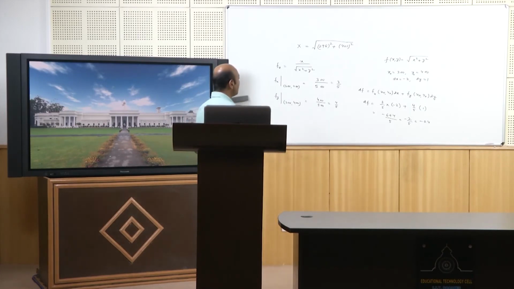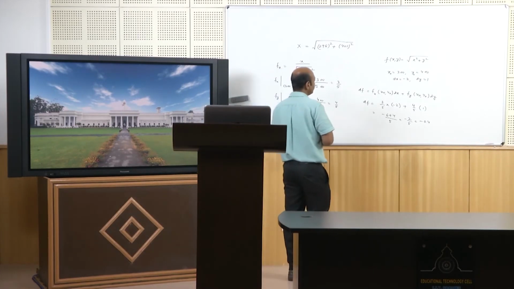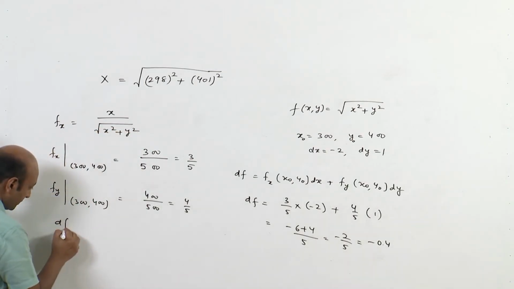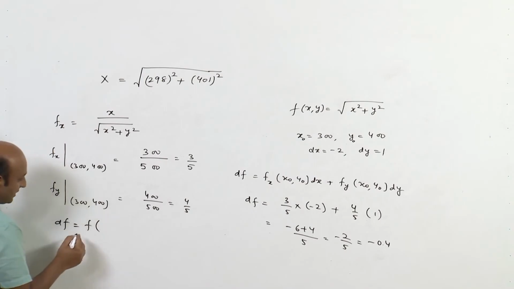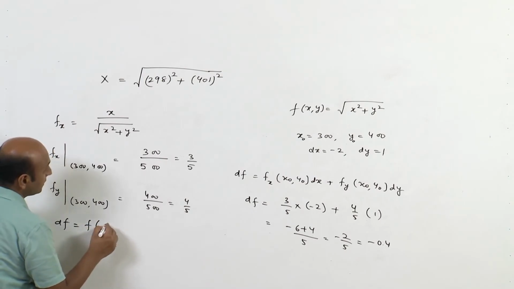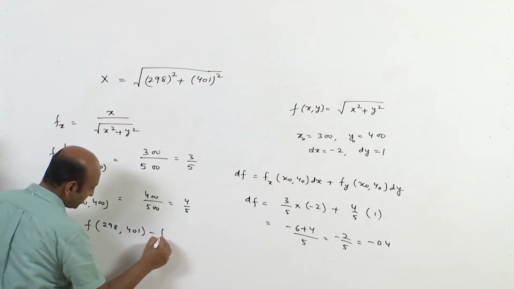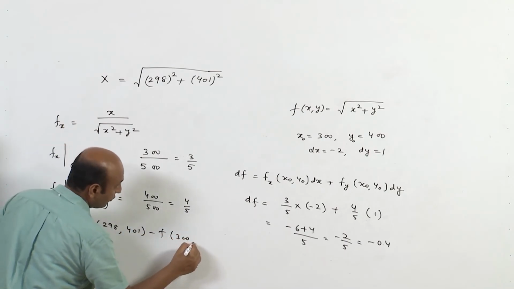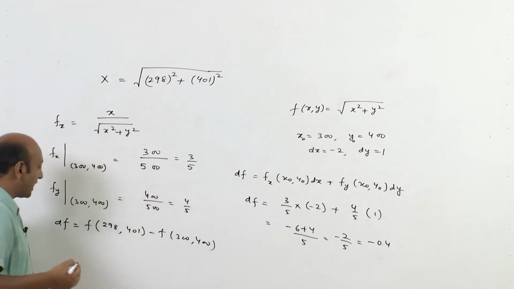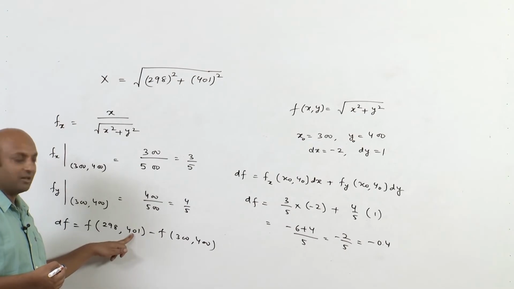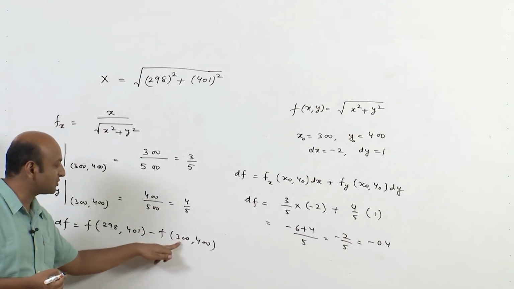So, what will be the functional value? df will be f at 298 and 401 minus f at 300 and 400, because f at x naught plus delta x, y naught plus delta y, minus f at x naught, y naught.